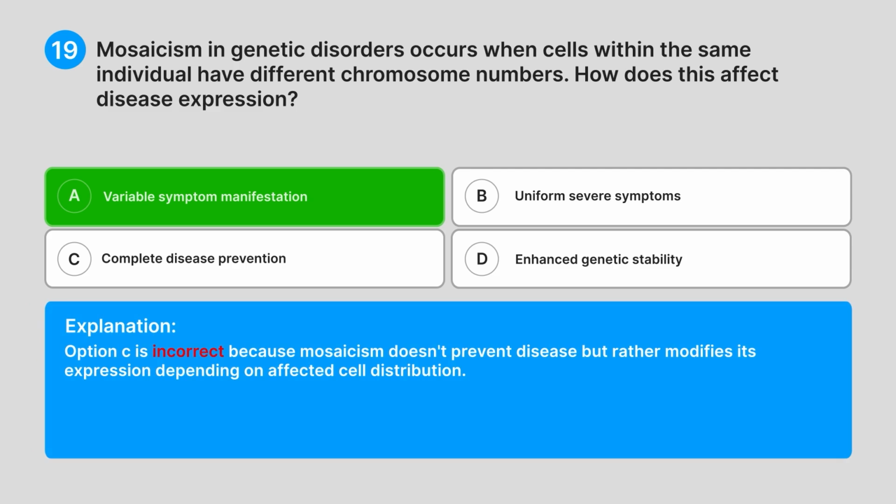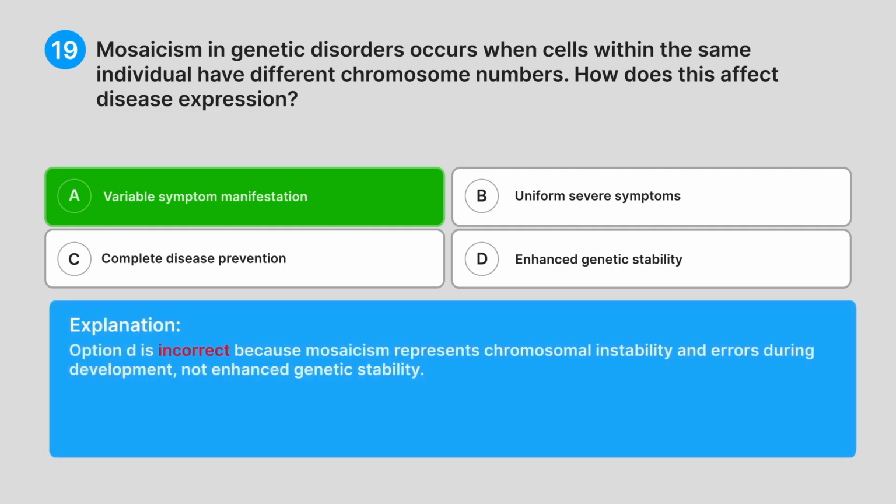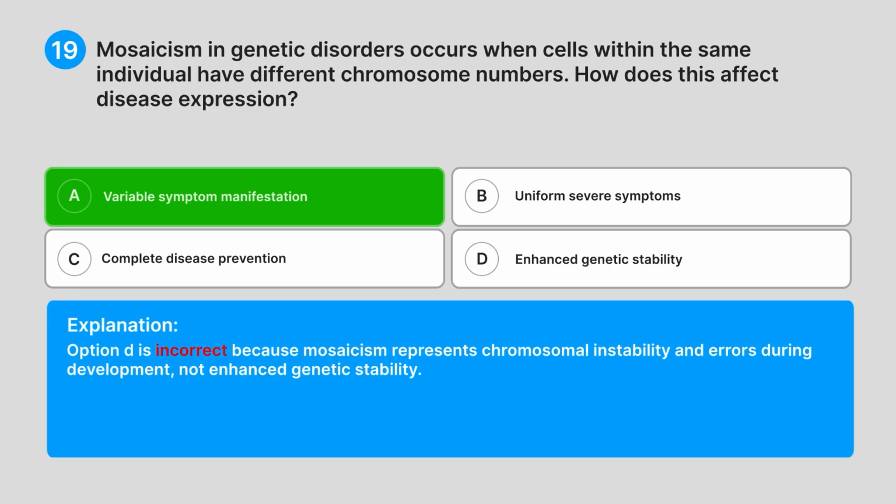Option C is incorrect because mosaicism doesn't prevent disease but rather modifies its expression depending on affected cell distribution. Option D is incorrect because mosaicism represents chromosomal instability and errors during development, not enhanced genetic stability.